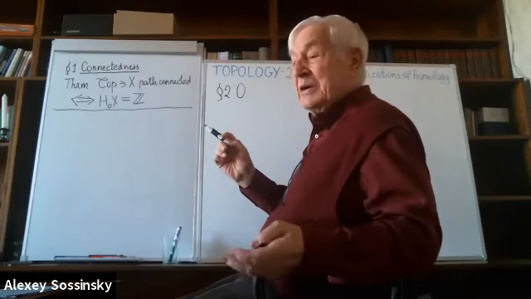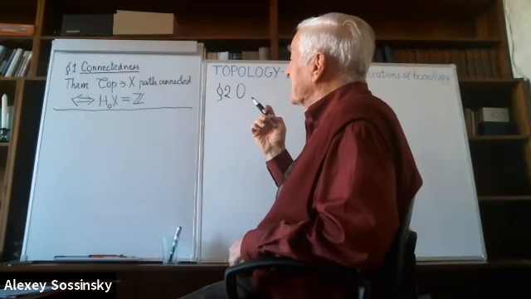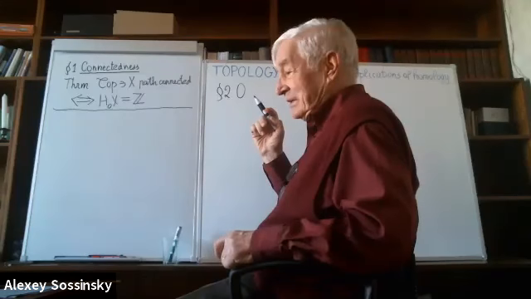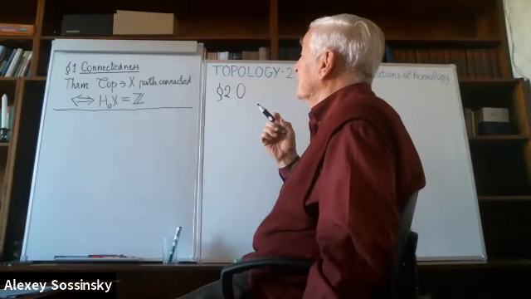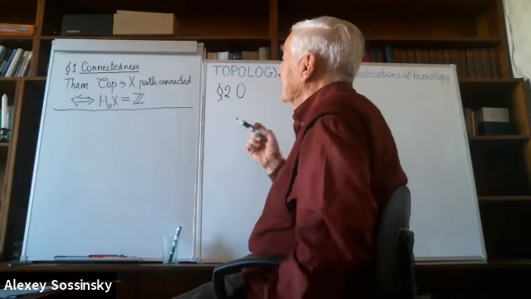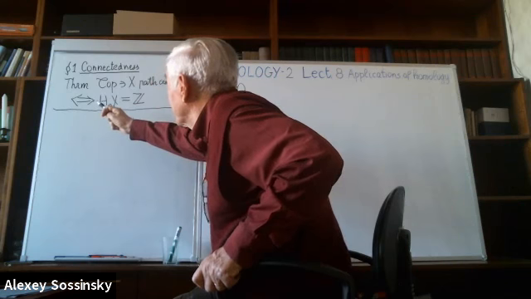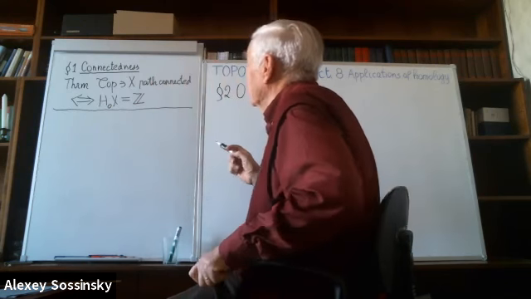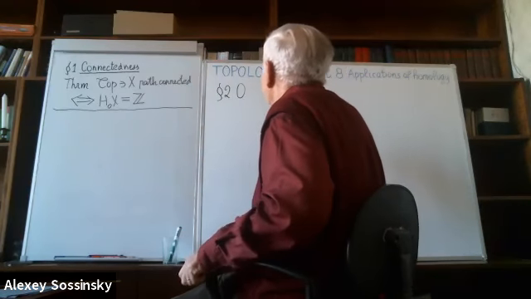A topological space can be connected without being path connected. Well, I don't know how to prove that we have this if and only if situation for connected spaces. I'm sure it's true, but I don't know how to prove it.